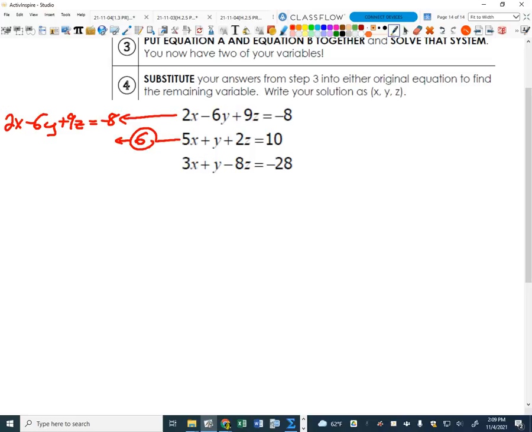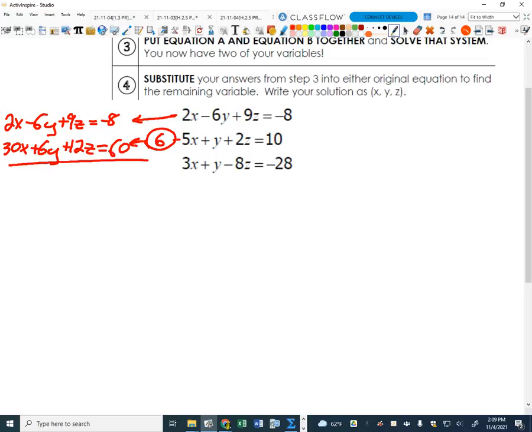If I multiply through by 6, I'm going to get 30x plus 6y plus 12z equals 60.